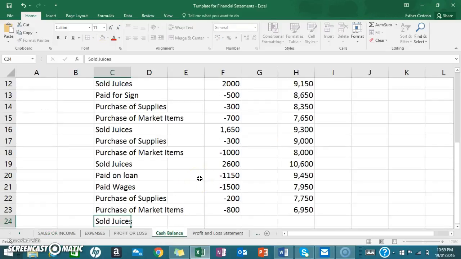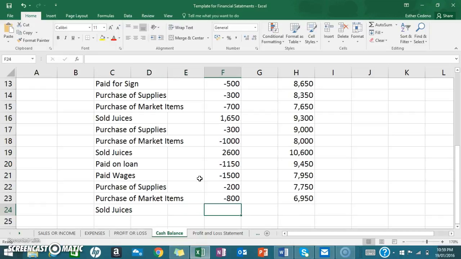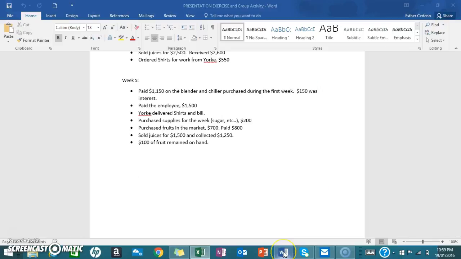Sold juices, and it will be for the amount that was actually collected. So that will be the last balance. And we end finally with that $100 of fruit that remained on hand.